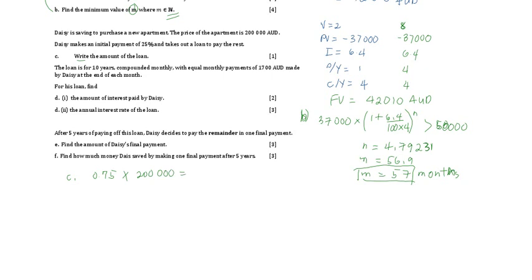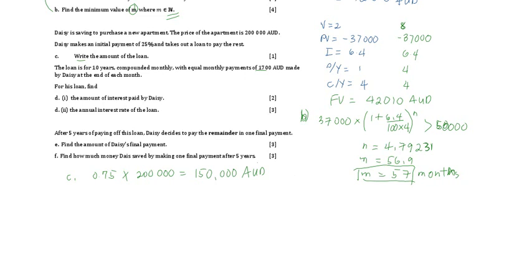So the answer here is just 3/4, right? 150,000 AUD. The loan is for 10 years and compounded monthly with equal monthly payments. This is your PMT, 1,700, made by Daisy at the end of each month. For his loan, find the amount of interest paid by Daisy.